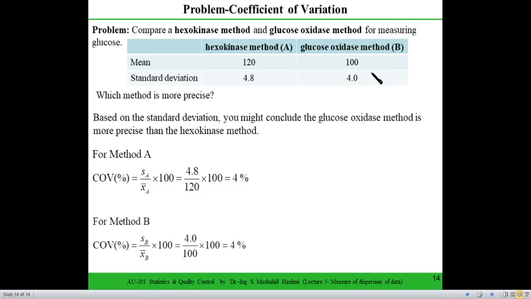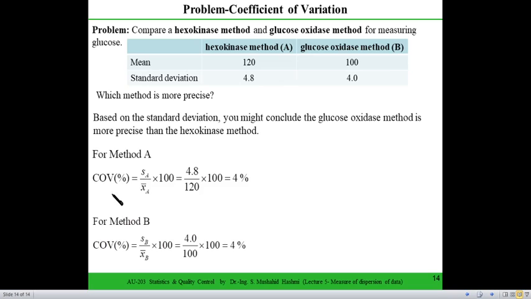So you cannot decide just on the basis of standard deviation. Even though the standard deviation for B is smaller than A, we cannot say which data is more precise only with knowledge of the spread.